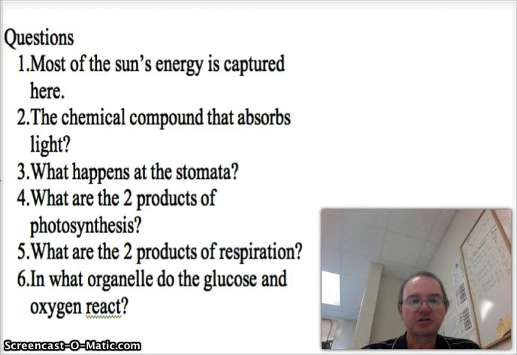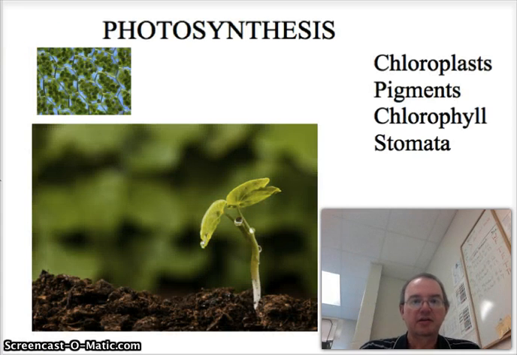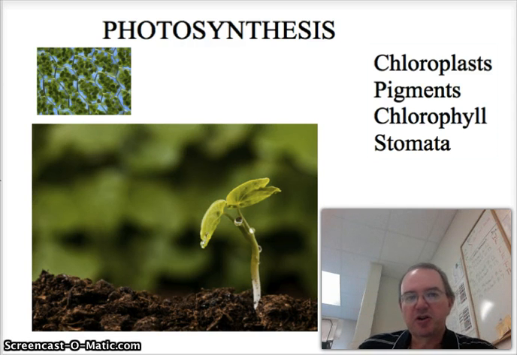Here are the questions. Here is photosynthesis. During photosynthesis, plants convert carbon dioxide and hydrogen into oxygen and sugars. And it takes place in two stages. The first stage is capturing the sun's energy.